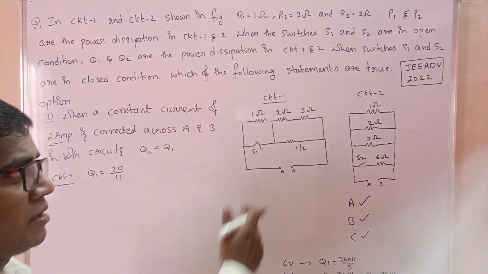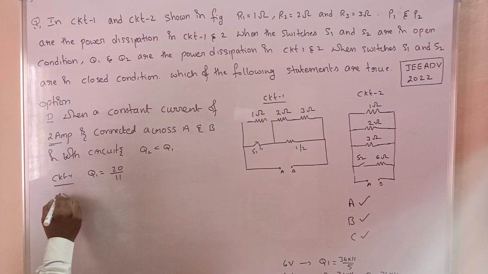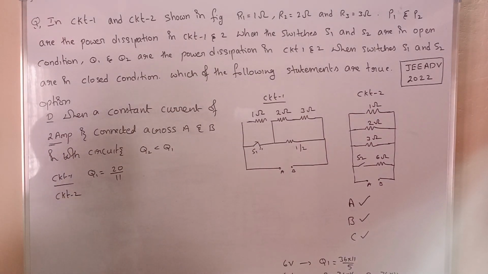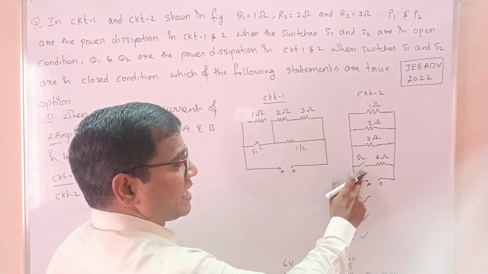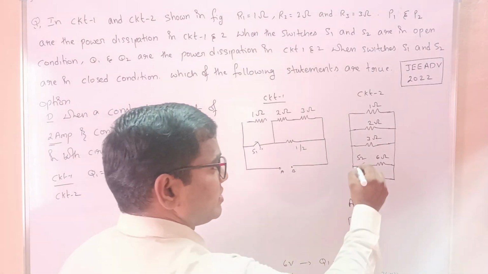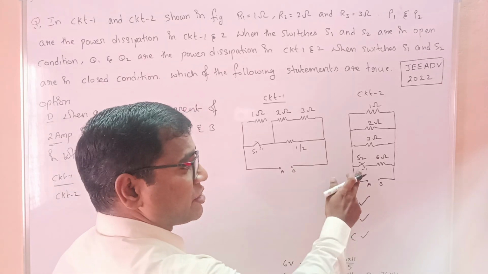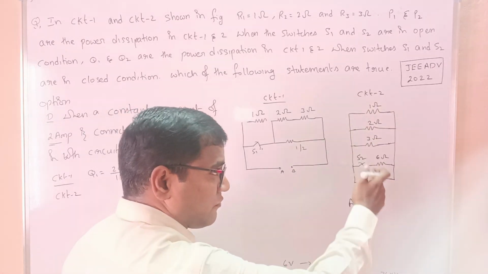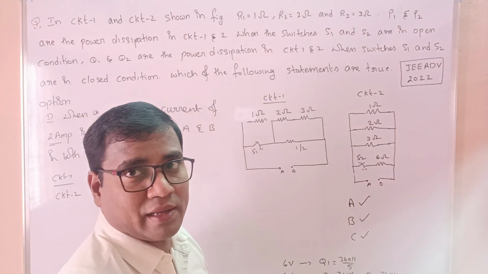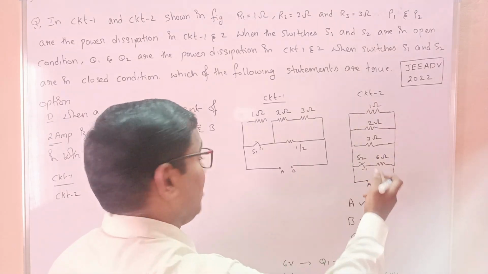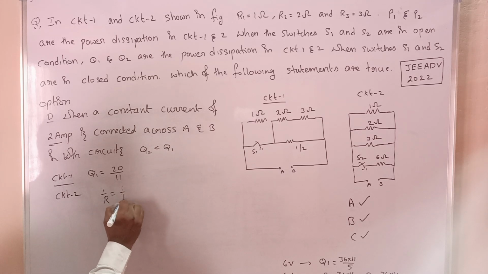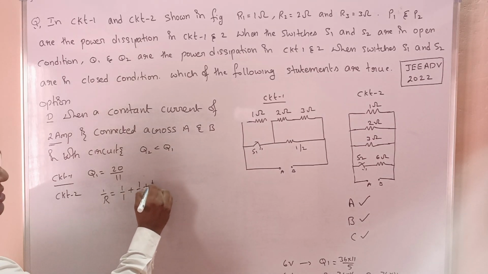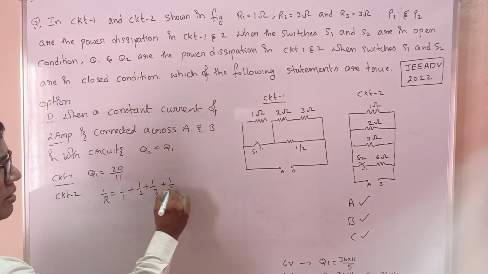Now we will see the second circuit. In the second circuit, again it is asking Q2, and Q2 is when S2 is in closed condition. When S2 is in closed condition, these 4 resistors are connected in parallel. Now we will calculate. 1 by R is equal to 1 by 1 plus 1 by 2 plus 1 by 3 plus 1 by 6.